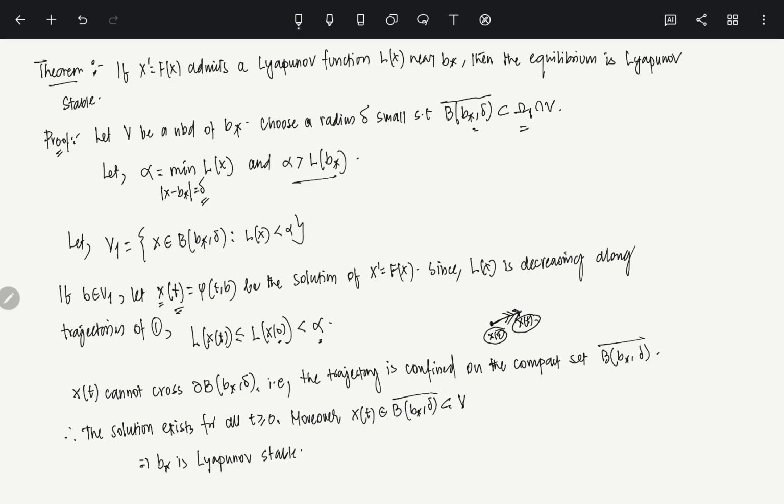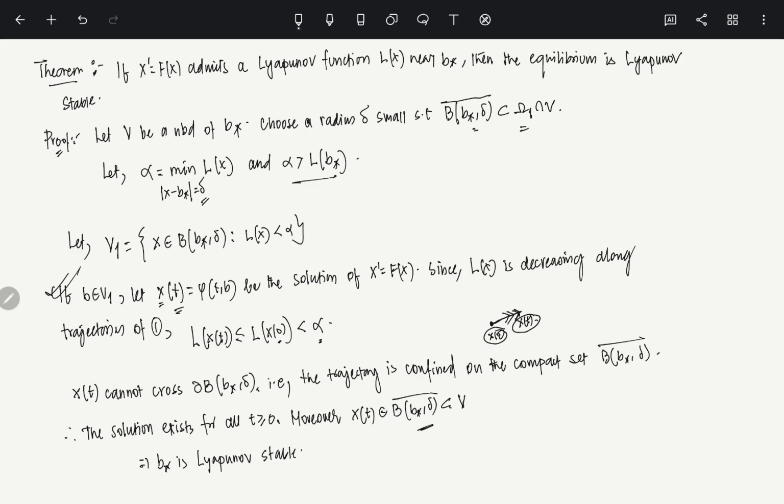So x of t is in that compact set, which is contained in V, and that is the definition of Lyapunov stability. So V star is Lyapunov stable. If you start with any solution, for all time t the solution exists in the neighborhood of V star.